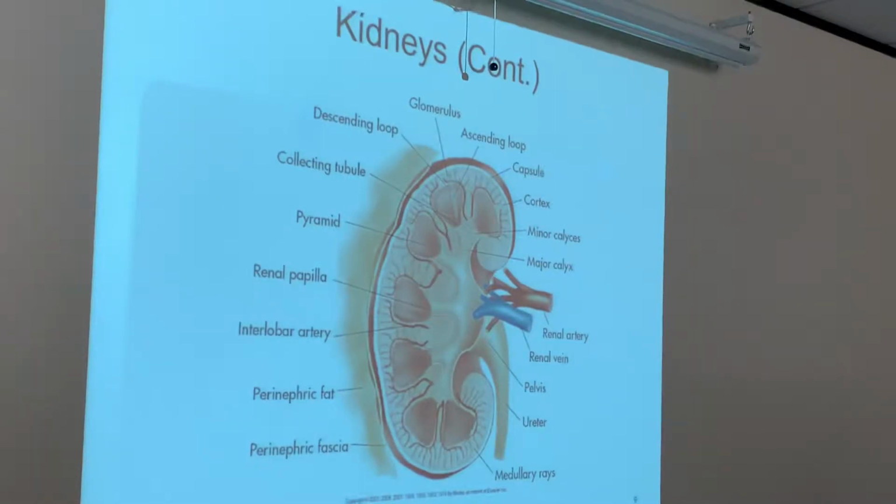Now, the perinephric fat, or the adipose tissue, also covers the adrenal glands. The capsule does not cover the adrenal glands, but the perinephric fat and the fascia do protect the adrenal glands.